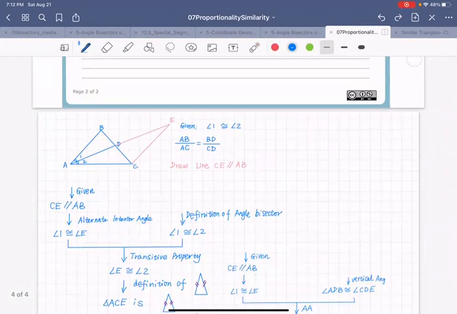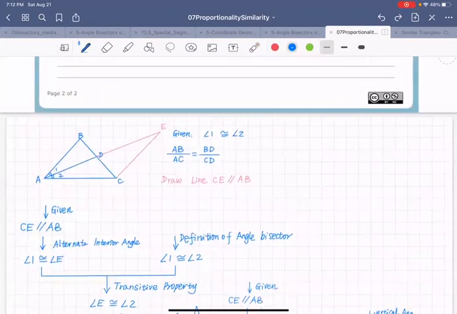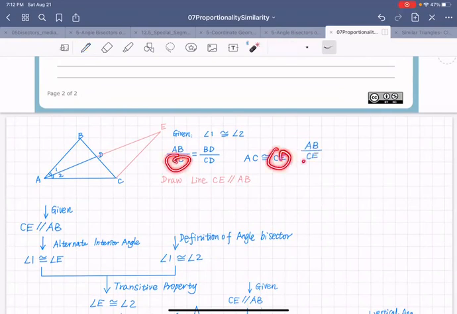So basically, after we prove AC is congruent to CE, as long as we prove AB over CE, see, AC was replaced by CE, equals BD over CD, okay? AB over CE equals BD over CD.